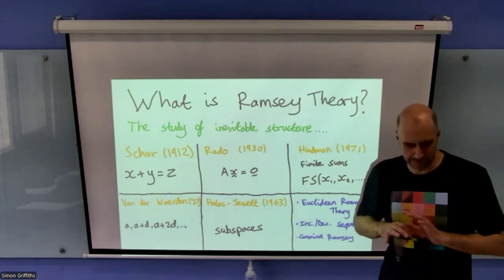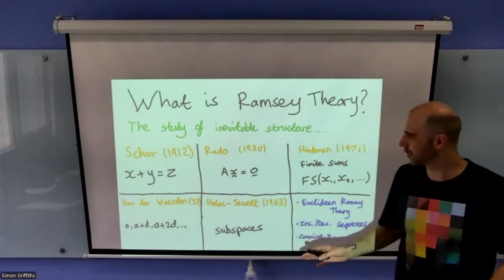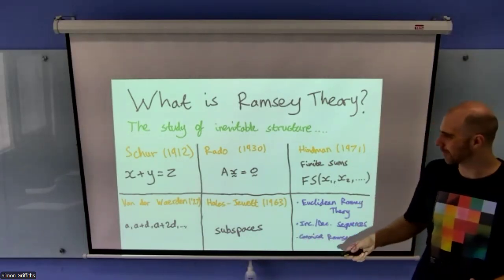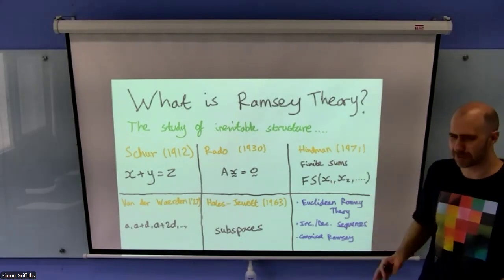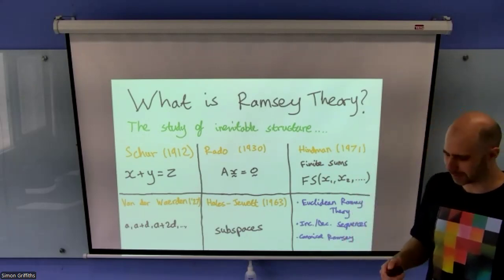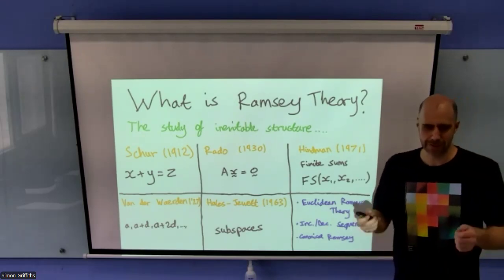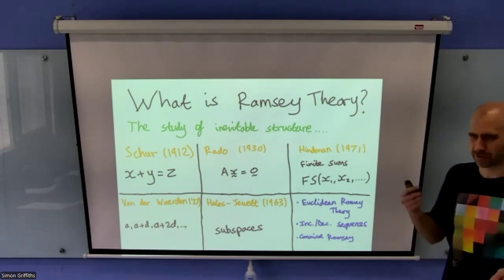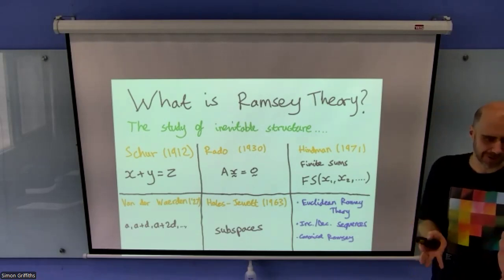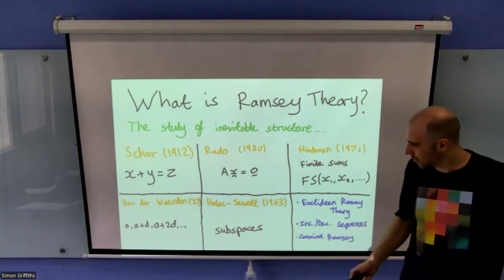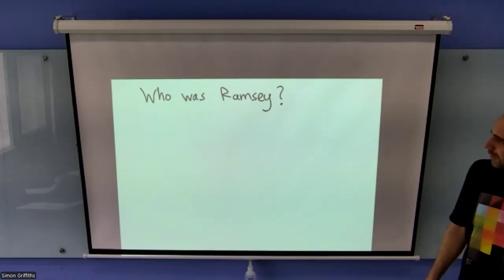There are a whole myriad, a great variety of applications of this. And I mention these because I feel it's a shame we can't really dive in to do everything. So really, this slide is an apology for the fact that we're really going to concentrate on a much smaller group of problems, particularly graph Ramsey theory, where you're colouring the edges of a graph, and particularly graph Ramsey theory where you're looking for cliques. So that would be our focus. But it's just to mention Ramsey theory is a very much more general thing.